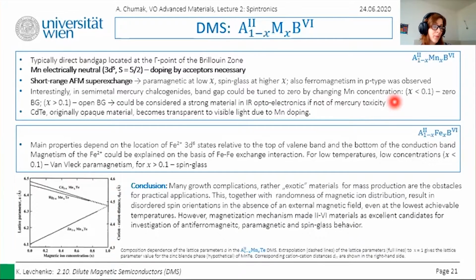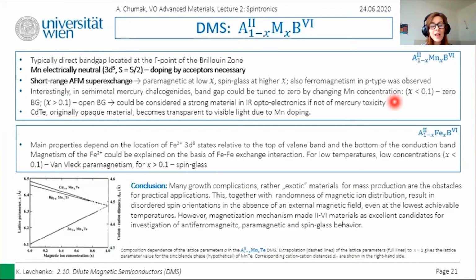In conclusion, from the practical point of view, there are many growth complications and rather exotic materials for mass production, like mercury. Well, actually some mercury materials show nice properties, but to have a strong infrared optoelectronic device with toxic mercury is still not desirable for practical application.